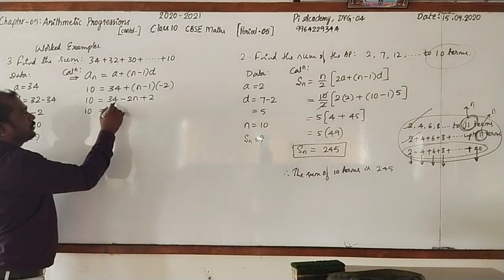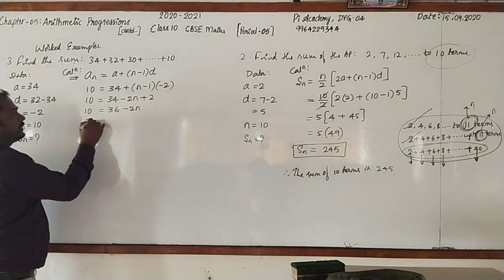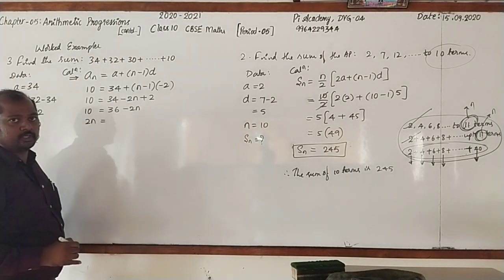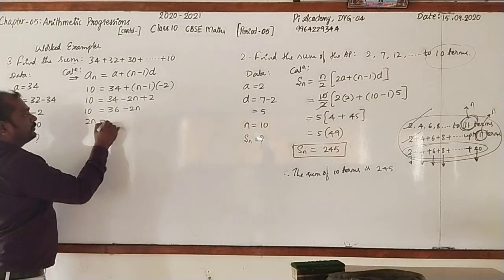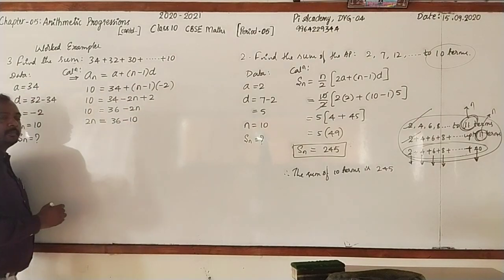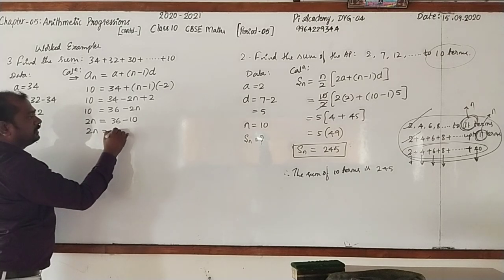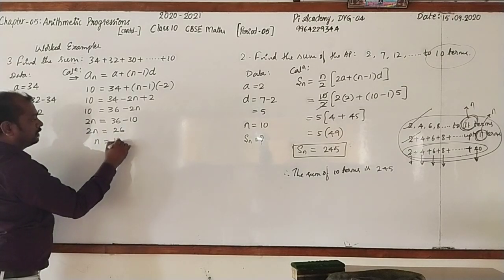Then 10 is equal to 34 plus 2, it is 36 minus 2n. Transfer minus 2n to the left hand side, it becomes plus 2n. This is equal to 36. Transfer 10 to the right hand side, it becomes minus 10. Then 2n is equal to 36 minus 10. It is 26. n equal to 26 by 2 is 13.